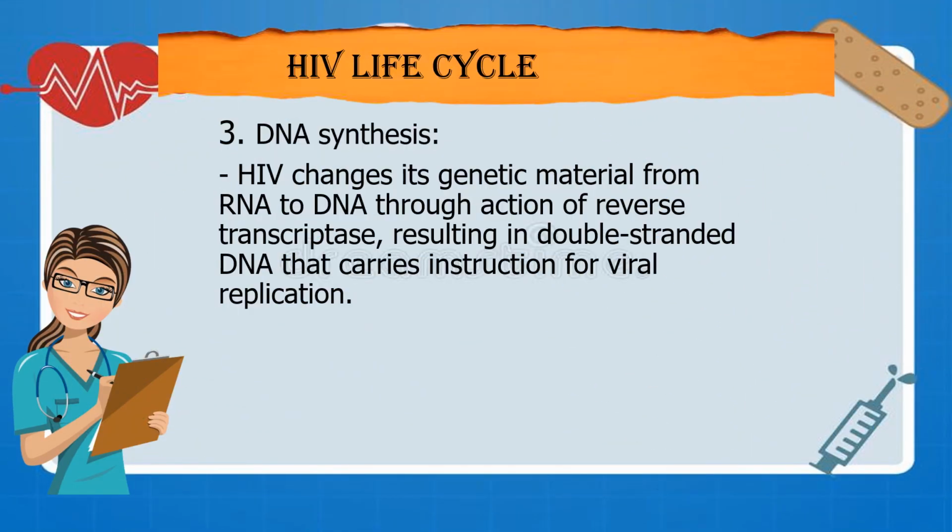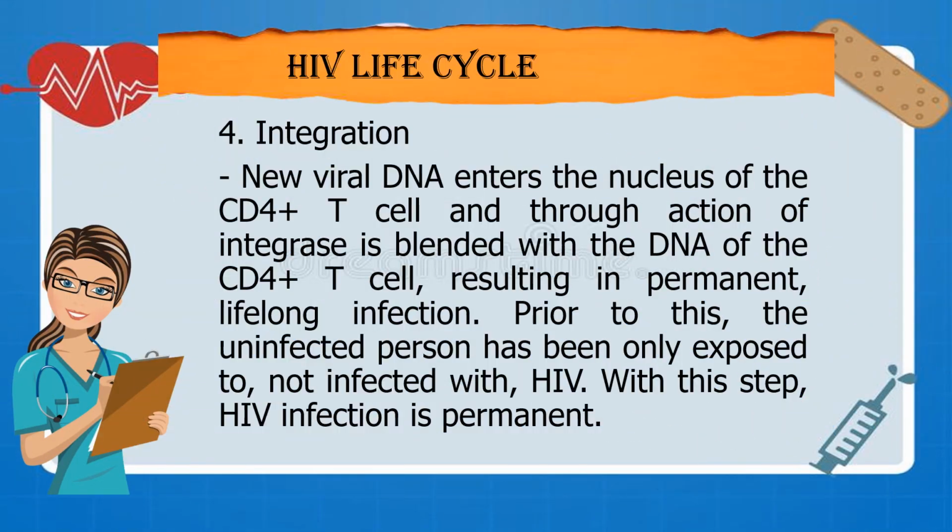The third step is DNA synthesis. HIV changes its genetic material from RNA to DNA through the action of reverse transcriptase, resulting in double-stranded DNA that carries instructions for viral replication. The fourth step is integration.